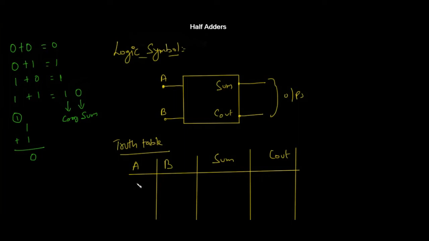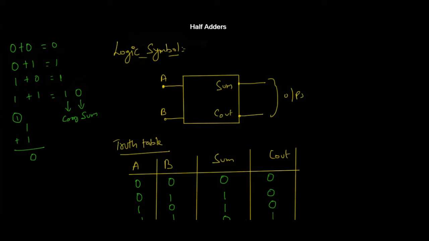Right, so 0 0 is the initial state, so there is no sum, there is no carry, and 0 1, the sum is 1, carry is 0, and 1 0 stands for 1 in the sum and nothing in the carry. The last one is 1 1, which stands for no sum and there is a carry, right?